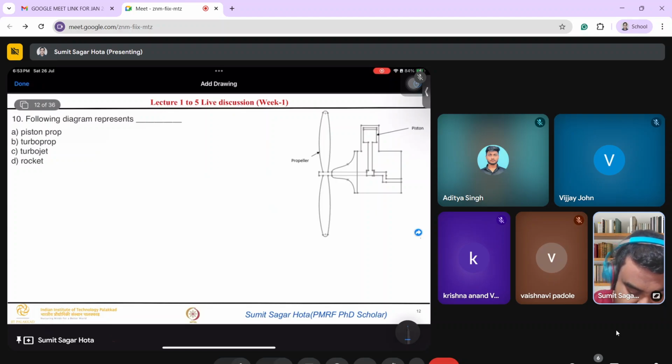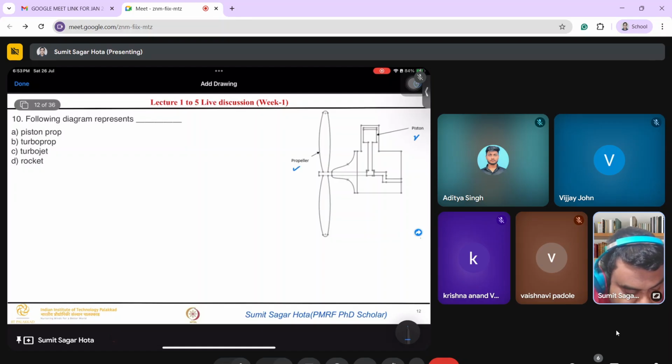The next question. There is one diagram shown on the right side. So what does this diagram mean? In some questions they are not going to show you that this is the propeller or this is the piston.